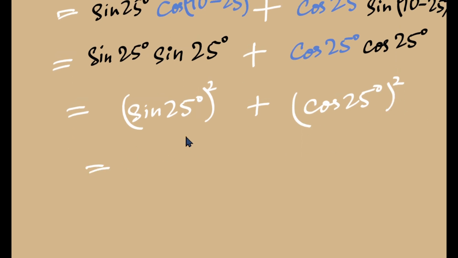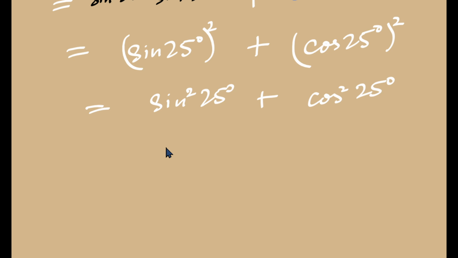Another way of writing this same expression would be sine squared 25 plus cos squared 25. Both mean the same, and we know that this is the Pythagorean identity.